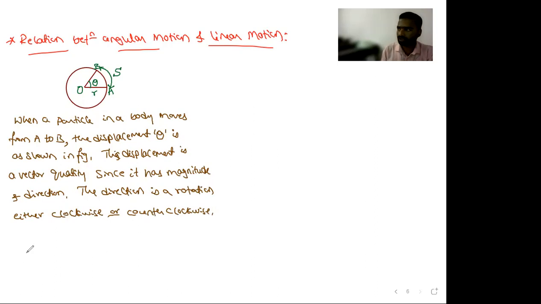What is angular velocity? The rate of change of angular displacement. Correct?